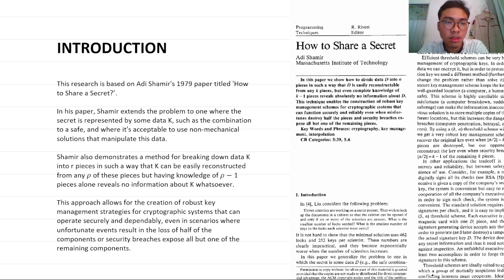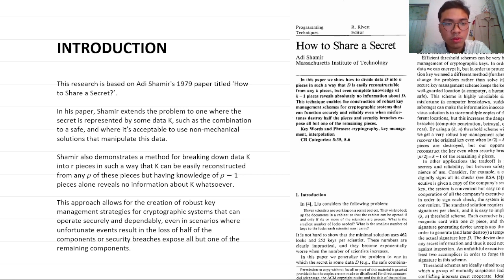This research is based on Adi Shamir's 1979 paper titled How to Share a Secret. In his paper, Shamir extends the problem to one where the secret is represented by some data k, such as the combination to a safe, and where it's acceptable to use non-mechanical solutions that manipulate this data.